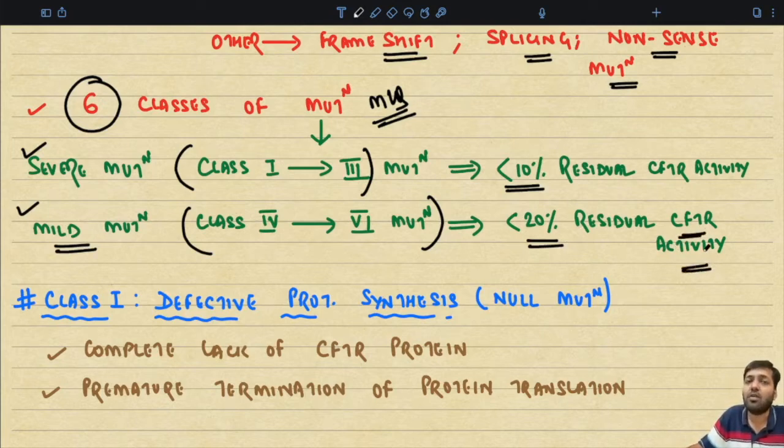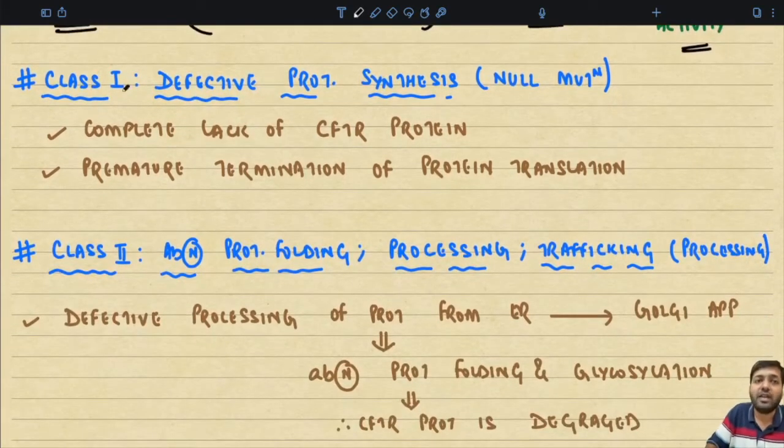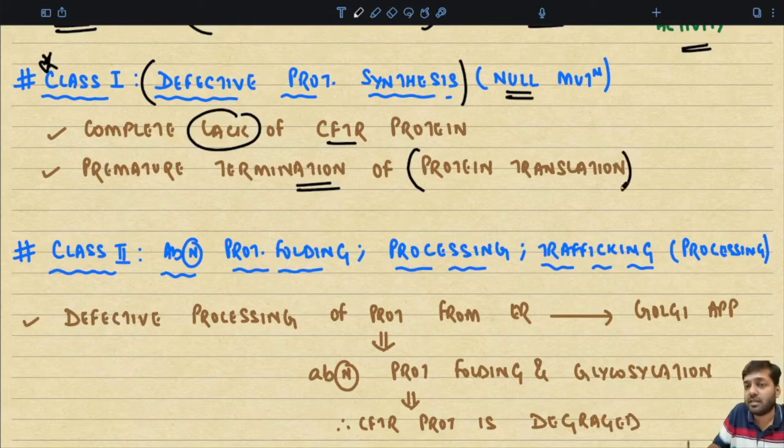So let us now discuss the different classes of the CFTR mutation. First, very importantly, we have the class 1 CFTR mutation, wherein there is a defect in protein synthesis. Such mutations are also called null mutations. Over here there is a complete lack of CFTR protein, and this occurs because of premature termination of protein translation.